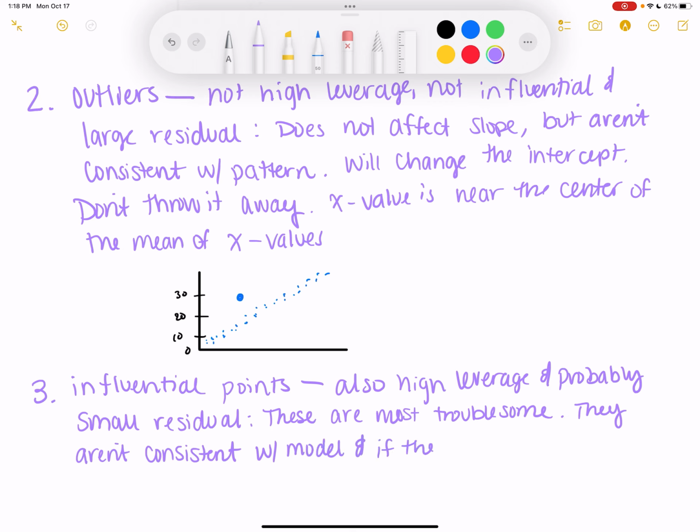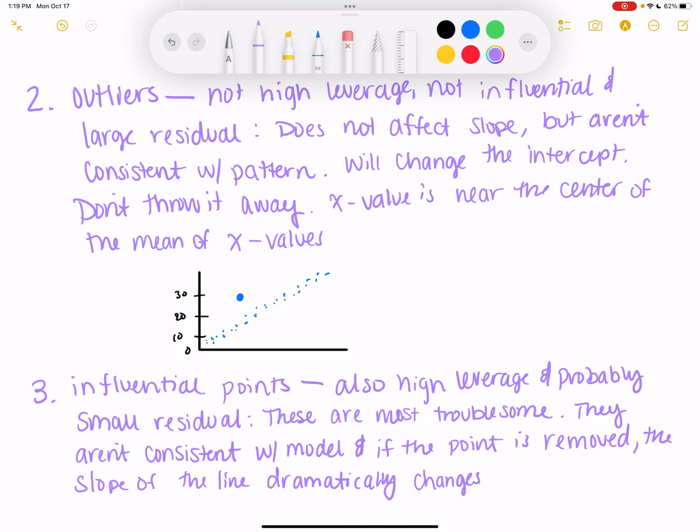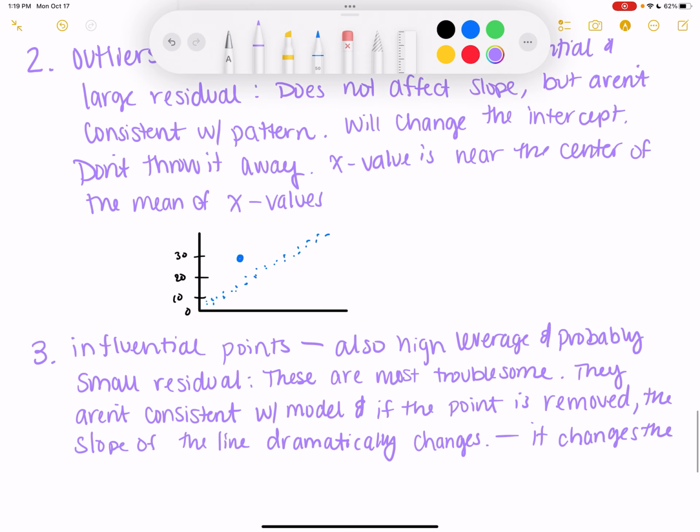And if the point is removed, the slope of the line dramatically changes. It changes the model. Don't throw it out without thinking.